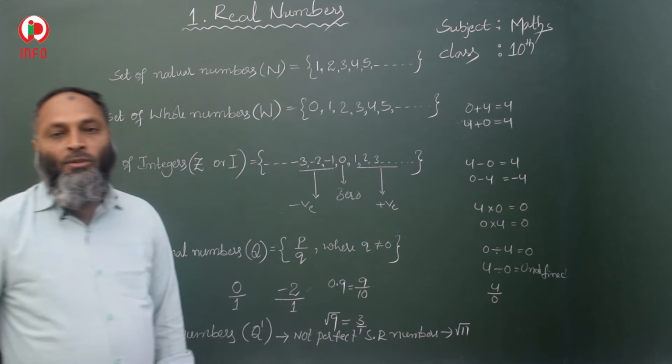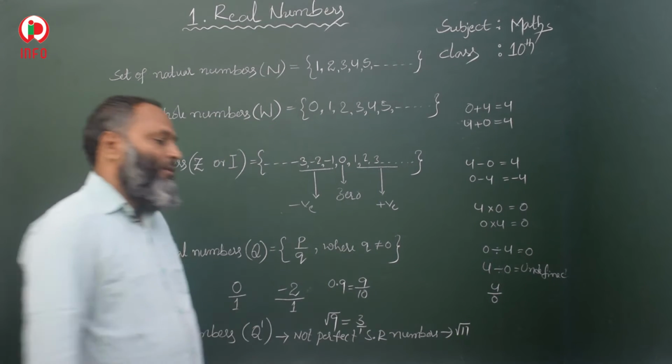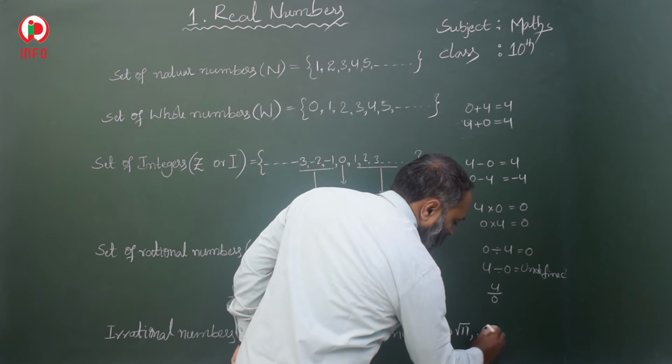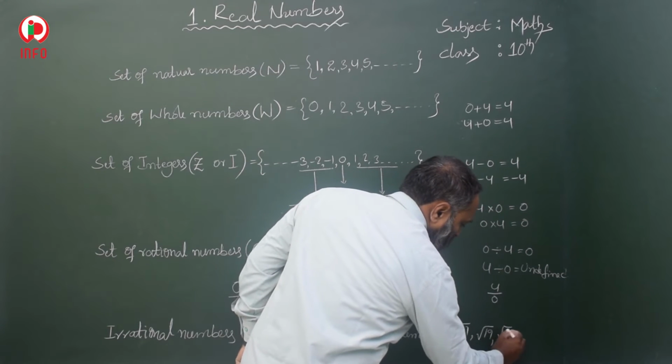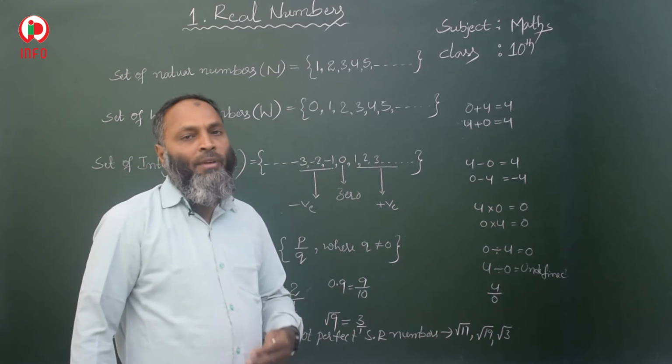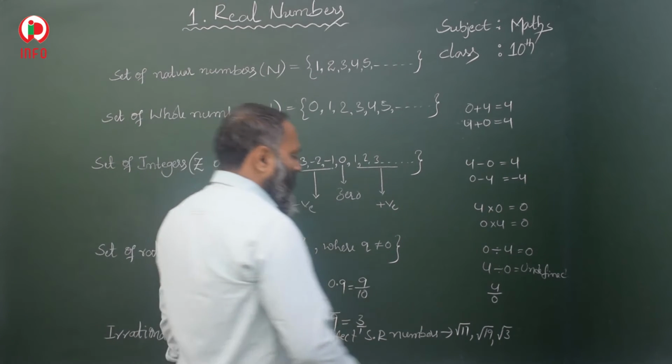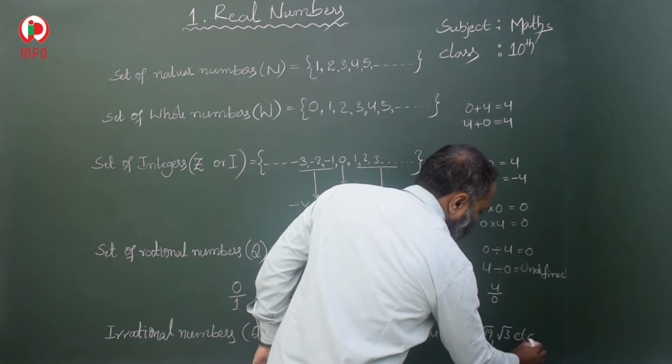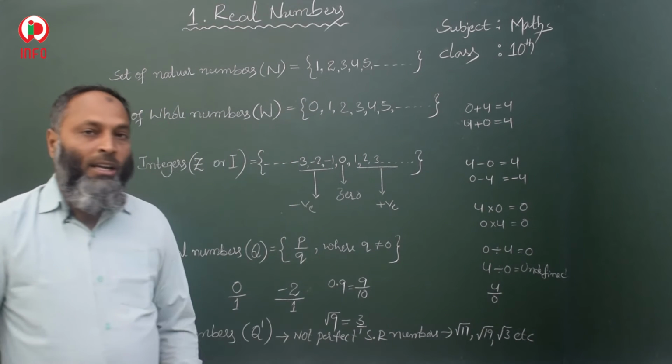Root 11 does not have a perfect square root value. Also root 19 and root 3. This type of numbers, which do not have perfect square root values, are irrational numbers.